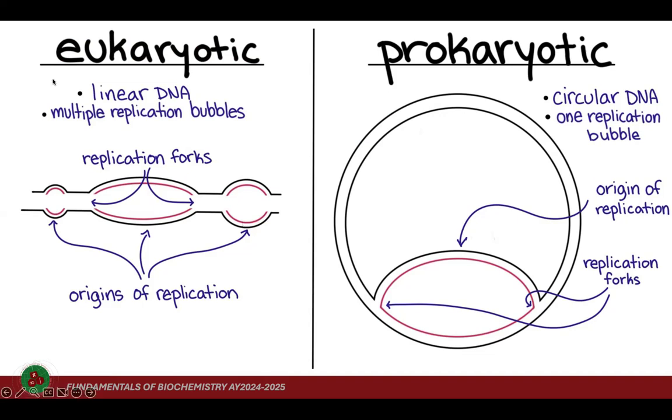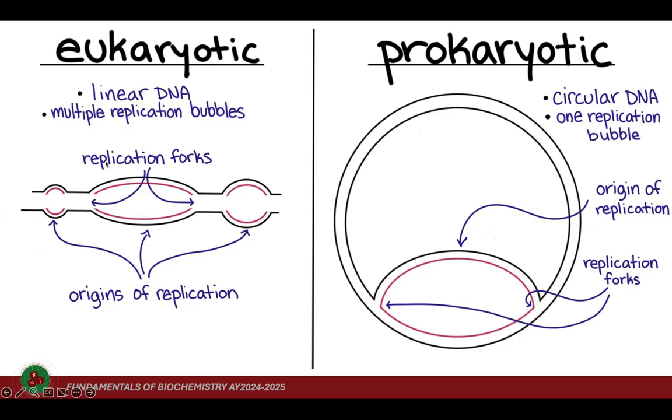So for eukaryotic DNA replication, one major difference is that you have multiple replication bubbles, multiple origins of replication. Imagine in one chromosome, you stretch out that entire DNA, you will see multiple replication bubbles, which is different from bacterial DNA, which is circular, so you have one replication bubble.